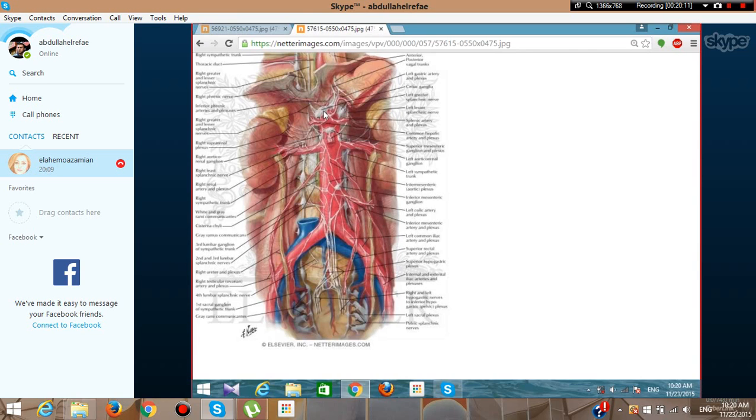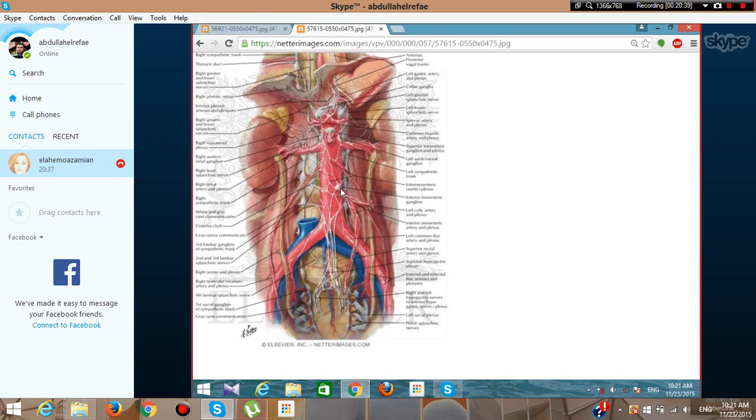Then these ganglions which you see on top of the aorta are prevertebral, before the vertebra. And we have four ganglions around the celiac ganglion, where you have the superior mesenteric. Do you see the superior mesenteric ganglion? Yes. Then when you have the inferior mesenteric, you see the inferior mesenteric ganglion.